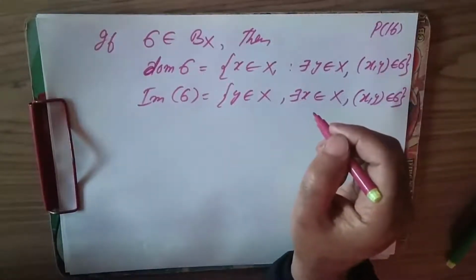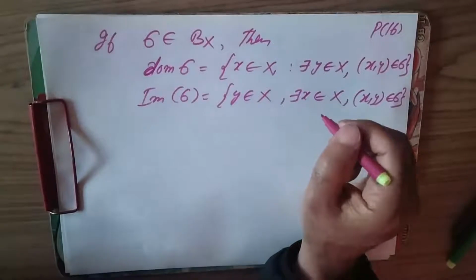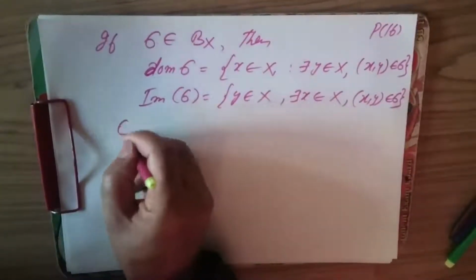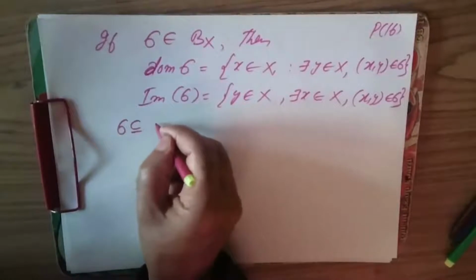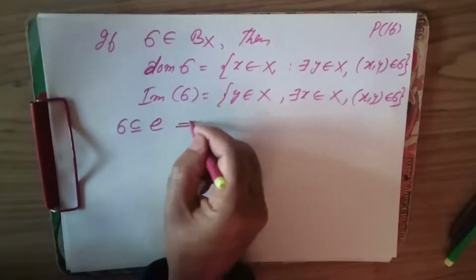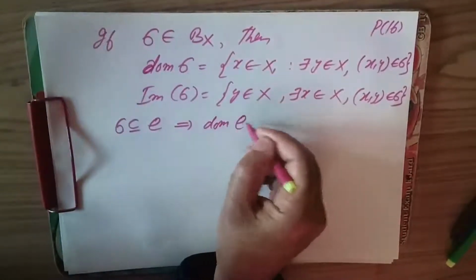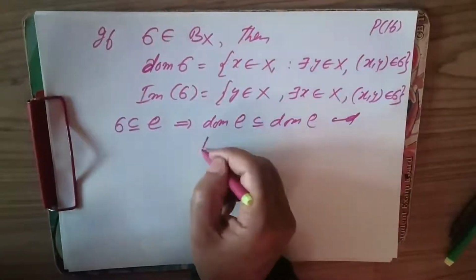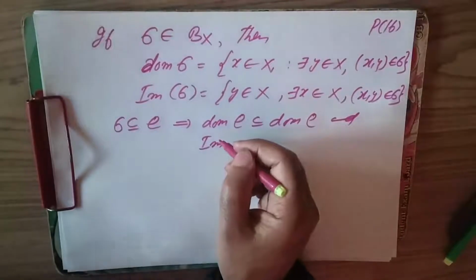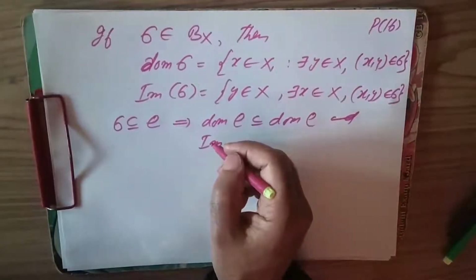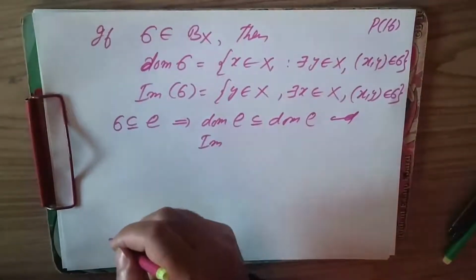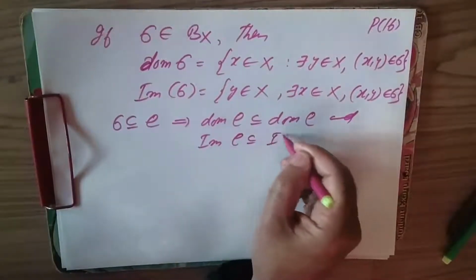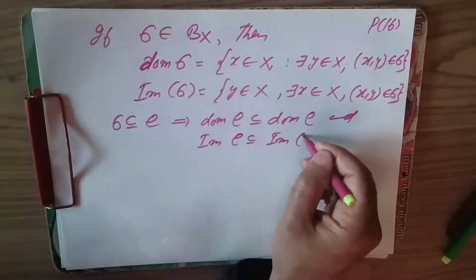One can easily verify that if we have two relations sigma and rho with sigma a subset of rho, then the domain of sigma is a subset of the domain of rho, and the image also satisfies the same: the image of sigma is a subset of the image of rho.